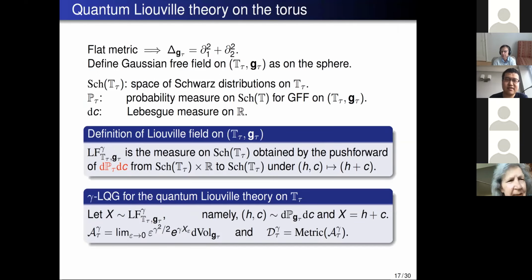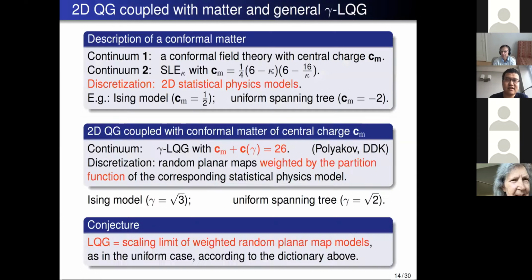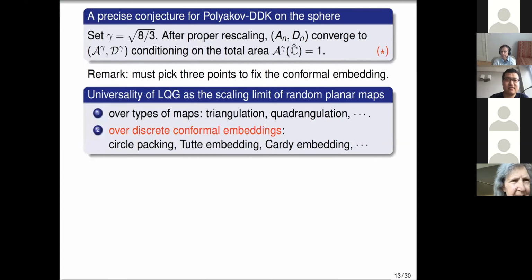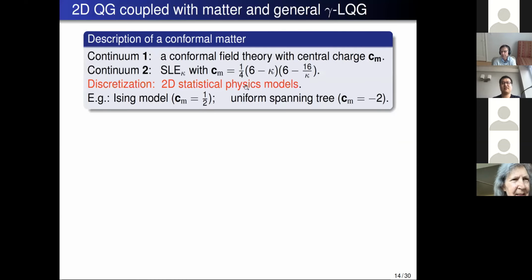It's a simple curve in some range, then it starts to cross itself, and in the end, it becomes a space-filling curve. So the question is, are there any special values of the parameters in your talk that somehow correspond to those more classical special parameters in SLE?